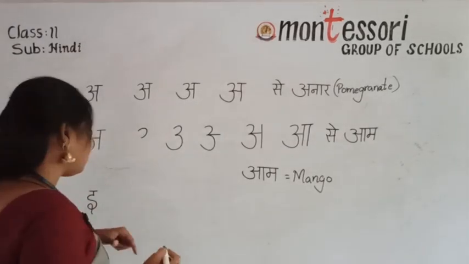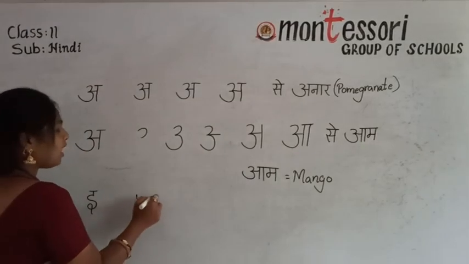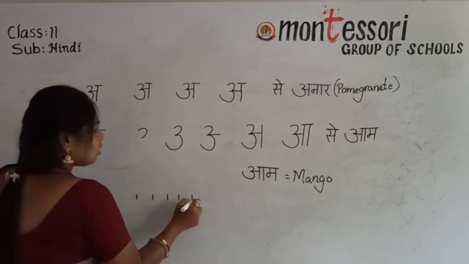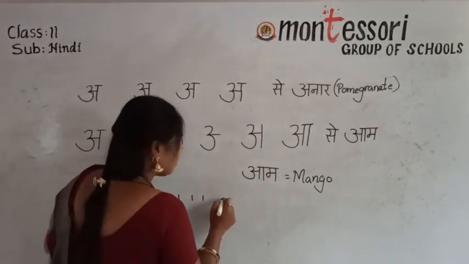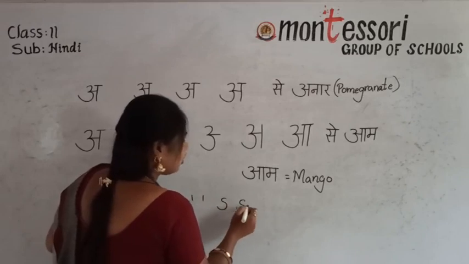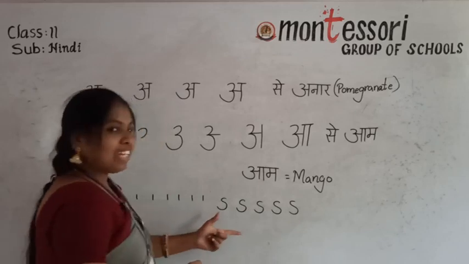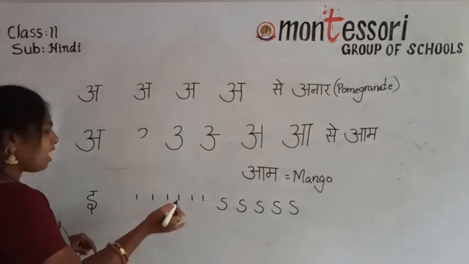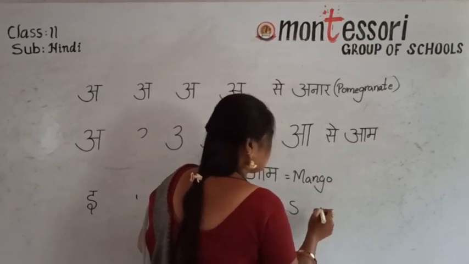If you practice in your rough book this way, first small lines, 5 times. Afterwards you can write yes. You know the English letter, no? You have to write yes, 5 times, and afterwards a small circle and this way.